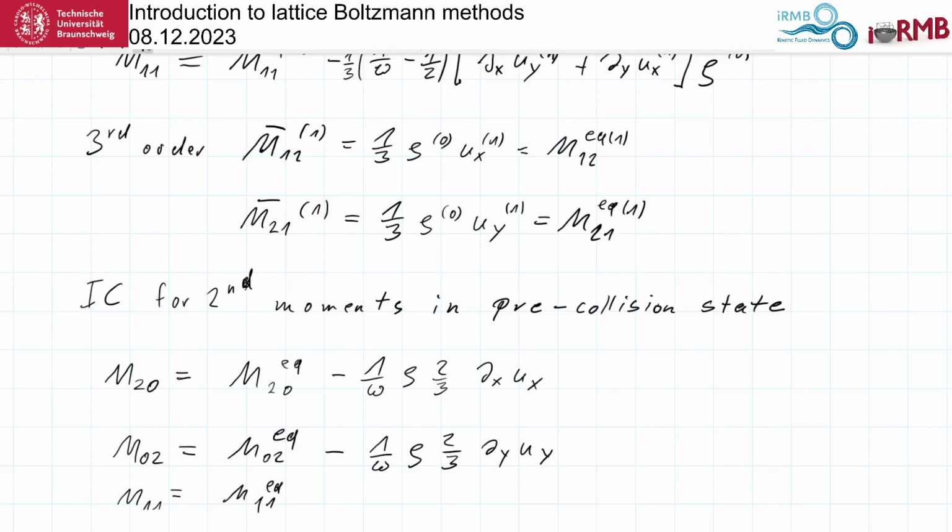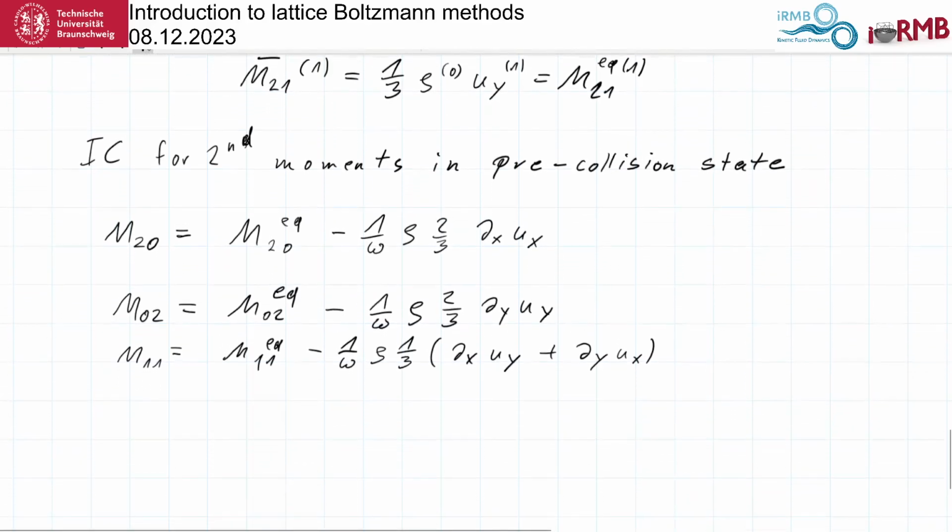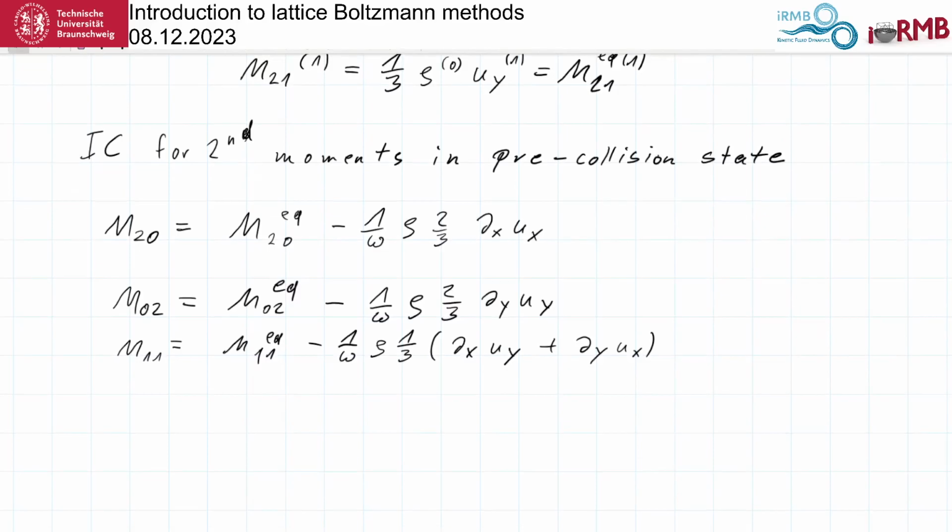So you need to know from your initial condition what these derivatives are. If you have a function for your initial condition, of course you can compute these things. Or if you have no function, you may be able to compute them by finite differences. Okay, so this would be one way of putting initial conditions.